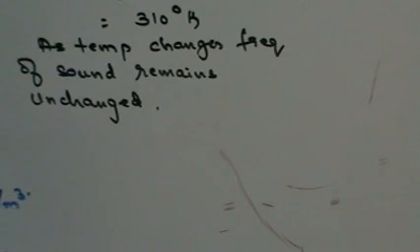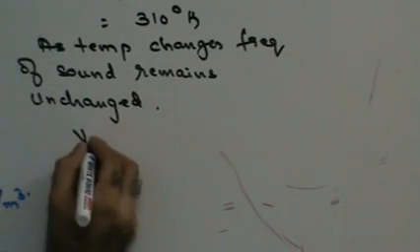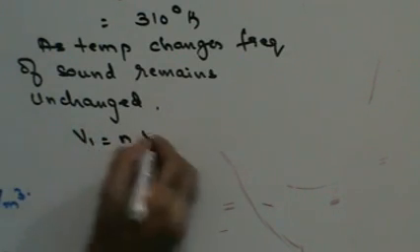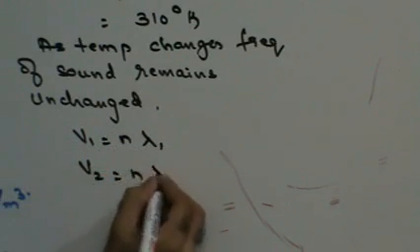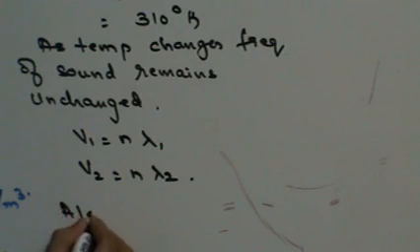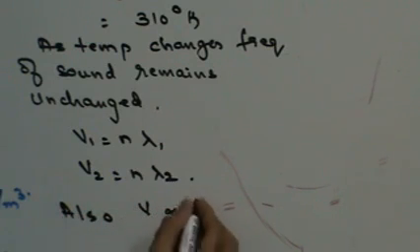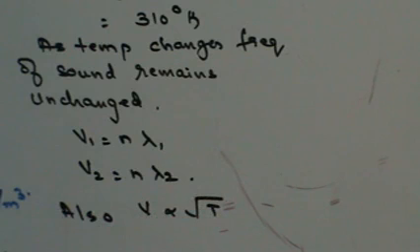Now we know that velocity V is equal to n lambda. Similarly, V2 is equal to n lambda 2. Also, we know that velocity is directly proportional to the square root of T. Therefore, V1 upon V2 is square root of T1 upon T2.